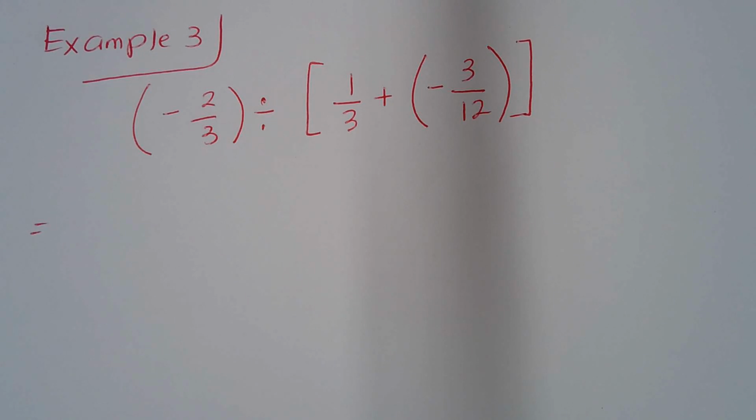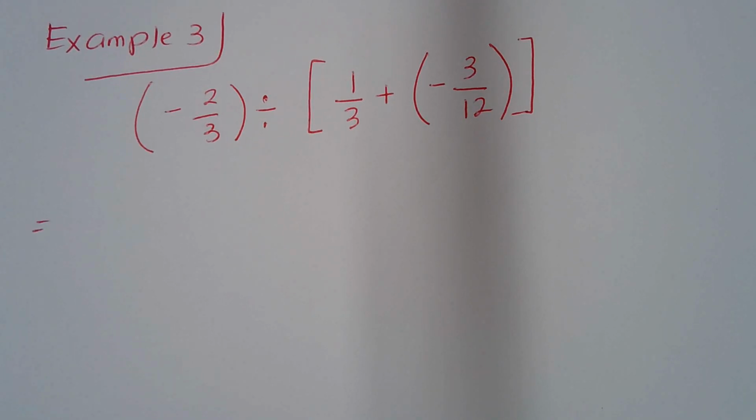I was gonna mention this. If you have an opportunity to reduce, go reduce it to make it easy for you, so you're not working with a big number. Do you see an opportunity to reduce in here?